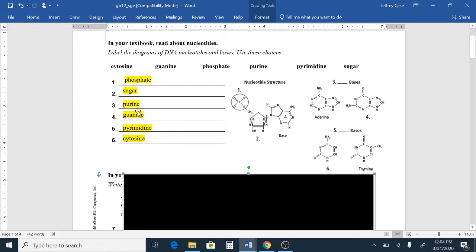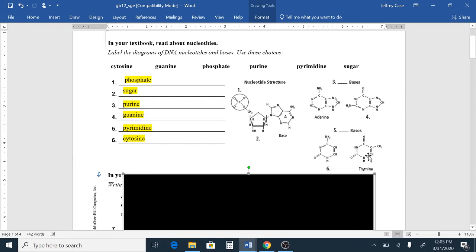Sorry about that. Number 3, these types of bases are purines. Number 4, this represents a guanine base. Number 5, these are pyrimidine bases. And number 6, here we go, represents cytosine. So notice the A and the T, they bond together.